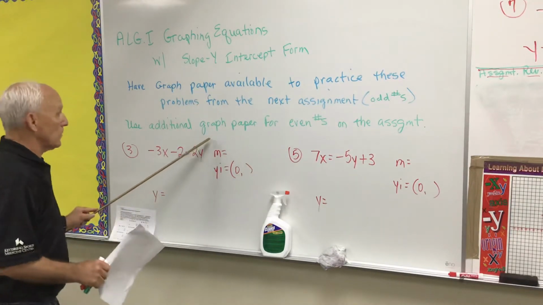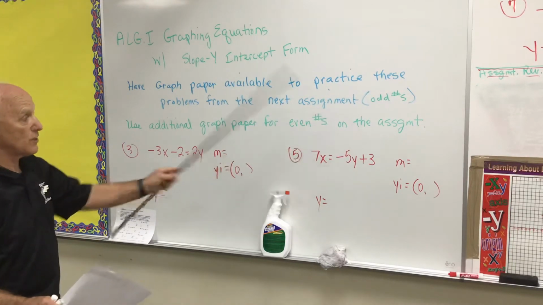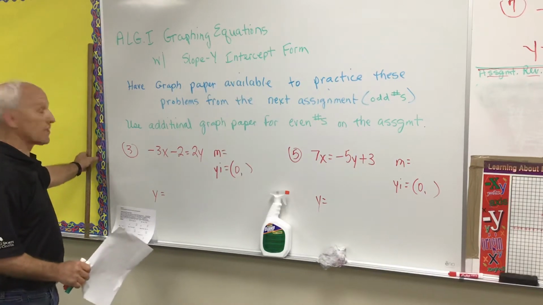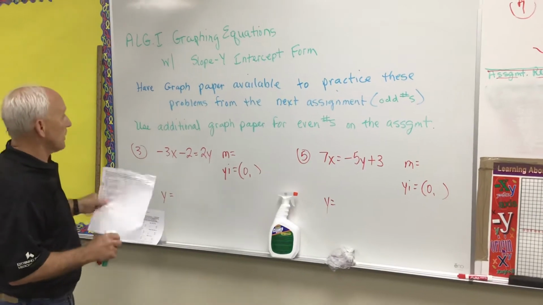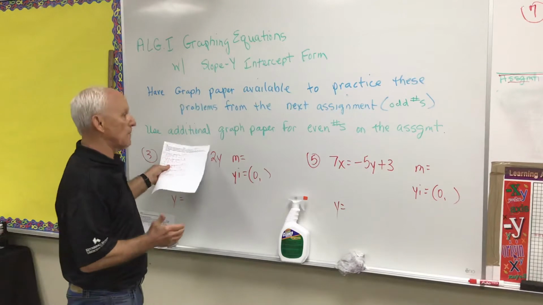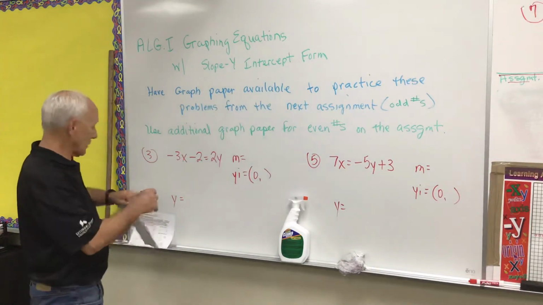And then you're going to need additional graph paper to do the even ones in the assignment. And hopefully you'll have those ready to just photo and send me a copy via email. So let's look at the odd numbers only. On the assignment, you'll be responsible for just the even. Okay? So let's begin.